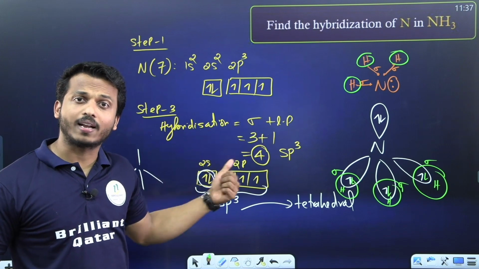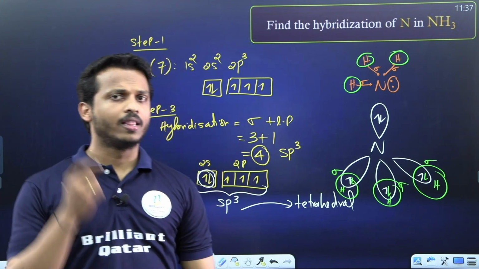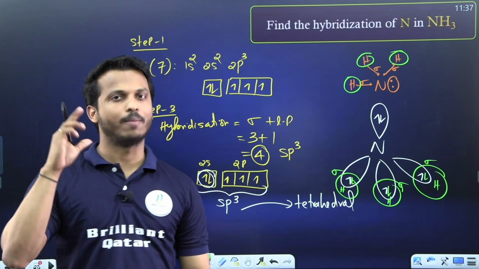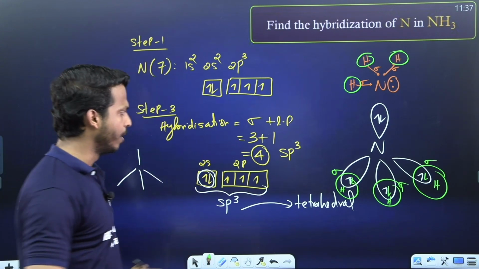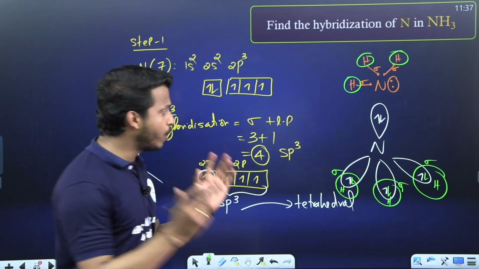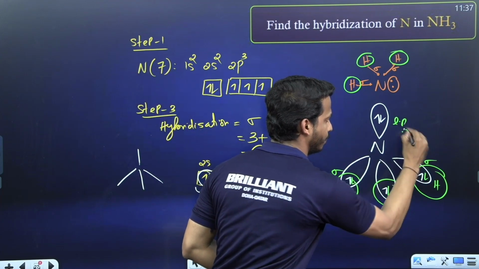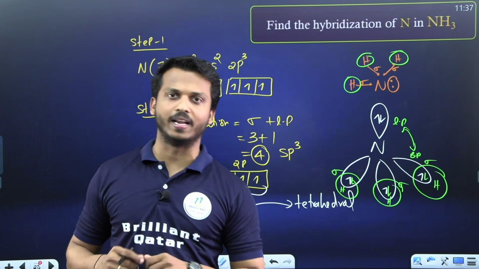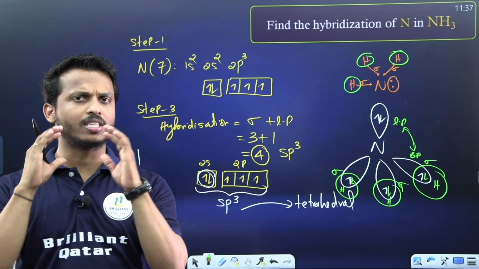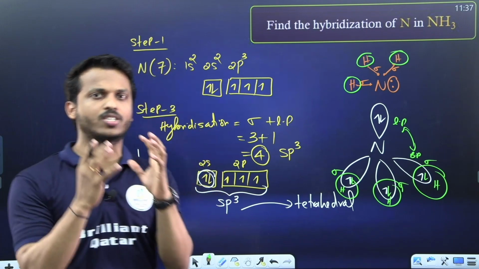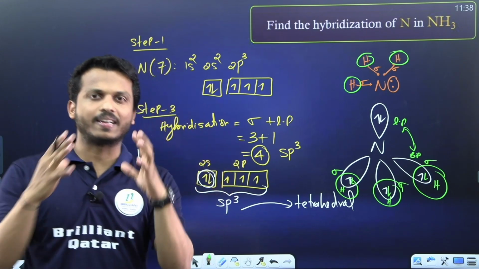This is actually a tetrahedral arrangement, but we studied that the shape of the ammonia molecule is what? Like a trigonal pyramidal shape, right? Trigonal pyramidal. You know, because of this lone pair-bond pair repulsion. According to VSEPR theory, lone pair-bond pair repulsion is a little bigger. So because of lone pair-bond pair repulsion, it can't be stable in the tetrahedral shape.